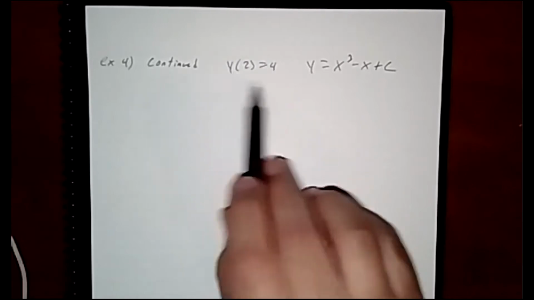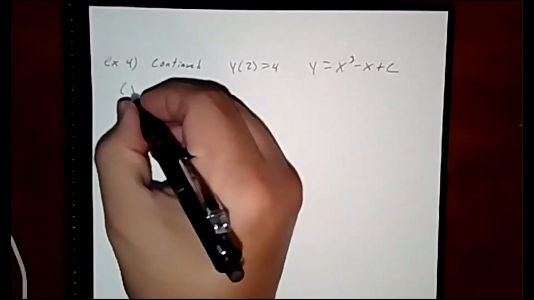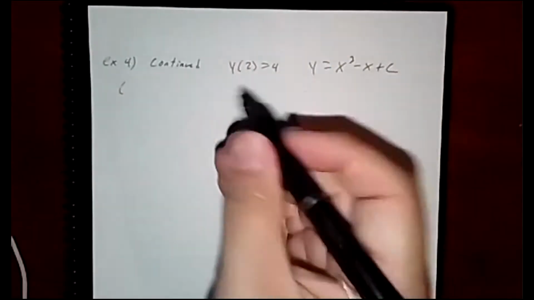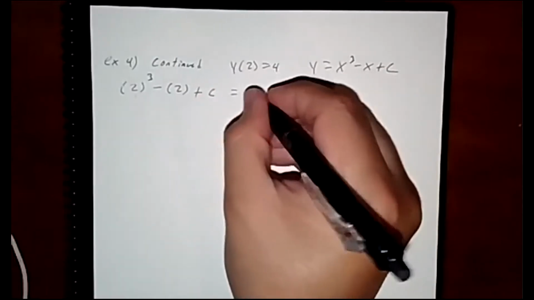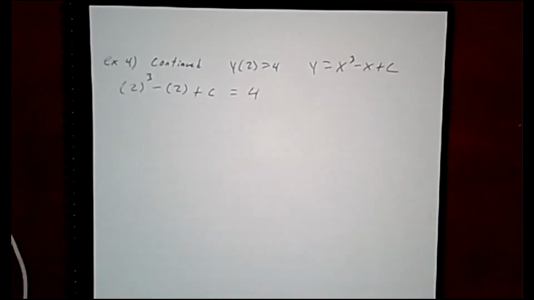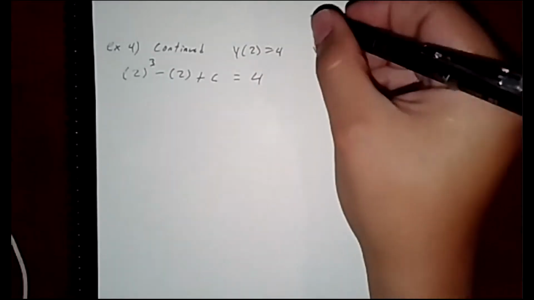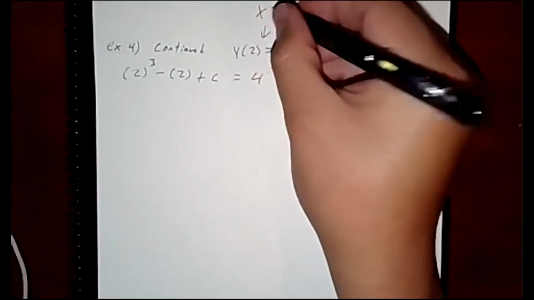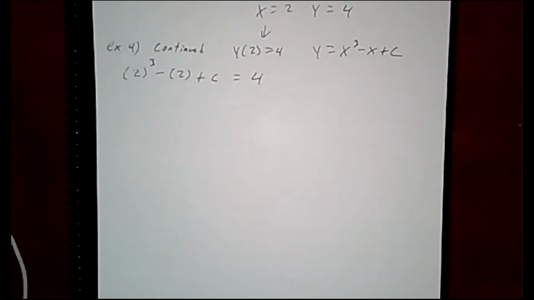So when you see this in the book and in your homework, they're saying when I plug in 2 into every single x, every x is 2, and the solution when that happens is 4. That's what y of 2 equal to 4 means. So don't let that bug you. Basically what they're saying is this right here means x is 2 and y is 4. That's what that means. Okay.